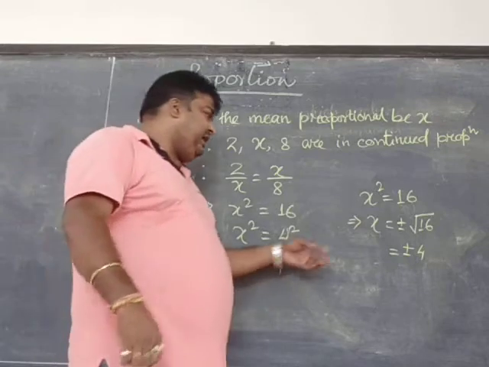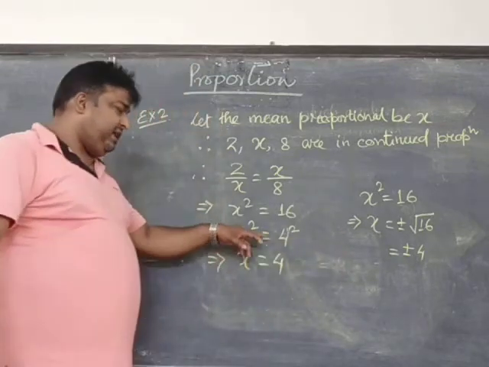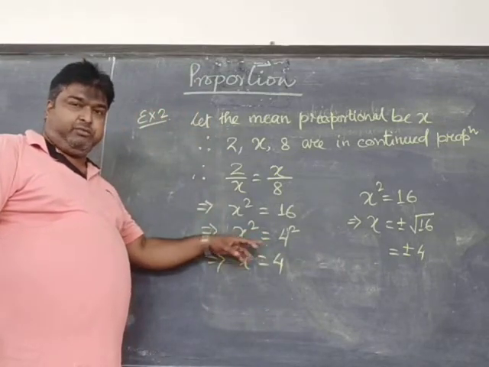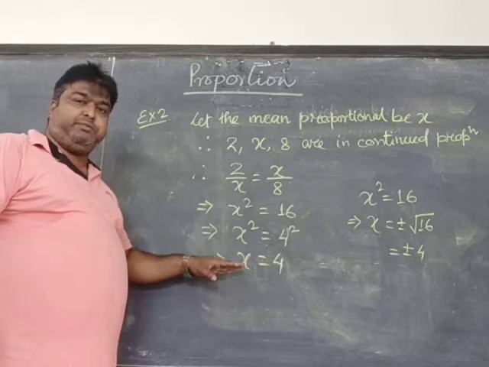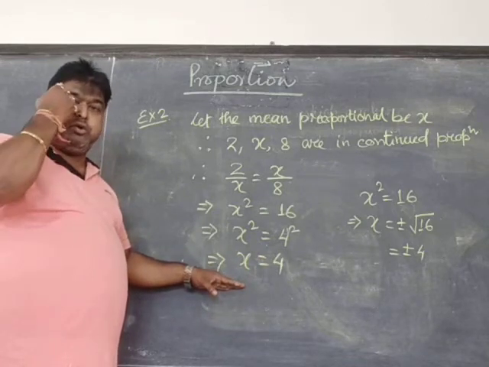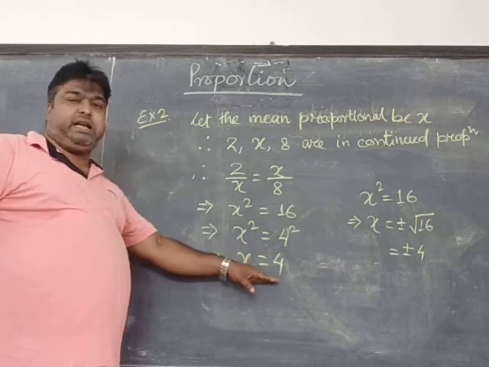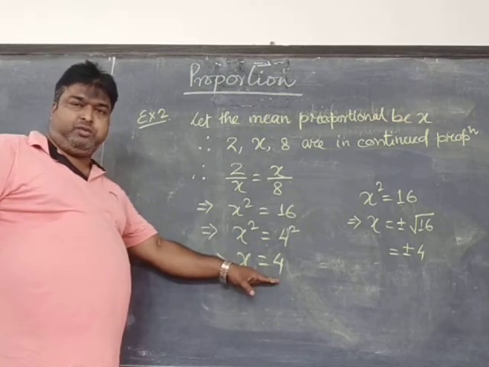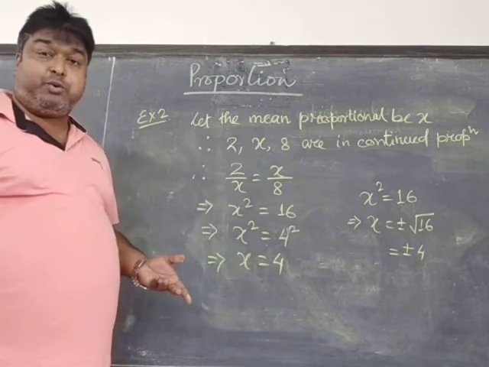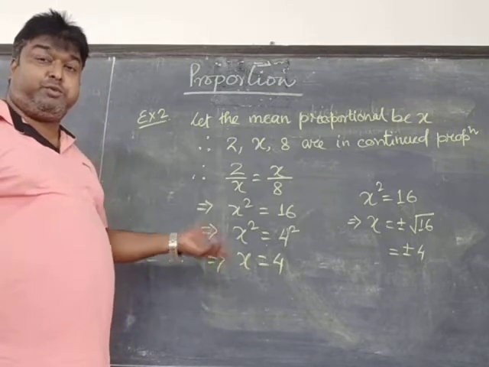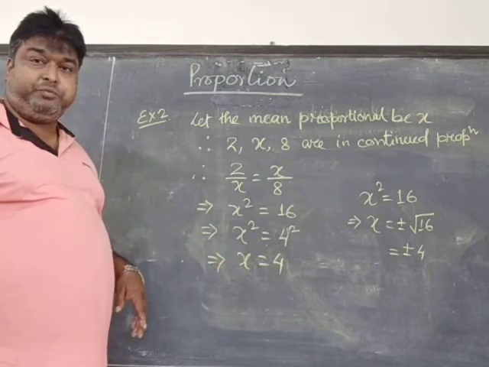So that's why I will suggest that instead of going this way, why have I shown this one? Because many of you tend to go this way. But if you do that, you are getting the answer only 4. But what about minus 4? Minus 4 can also be the answer, no?